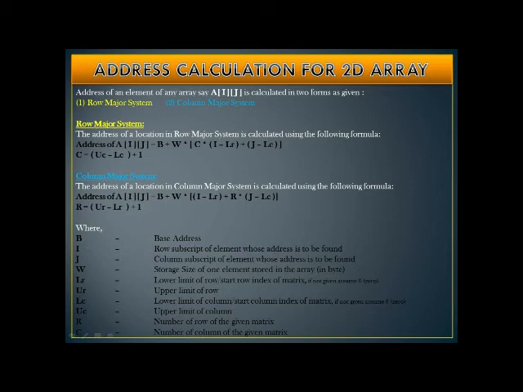I told you I is the row number. LR means lower limit of the row and LC means lower limit of the column. UR means upper limit of the row. UC means upper limit of the column. You can see all the abbreviations, all the variables that we have used, are given at the bottom over here.